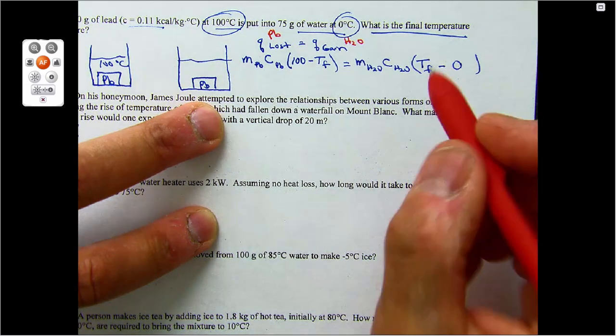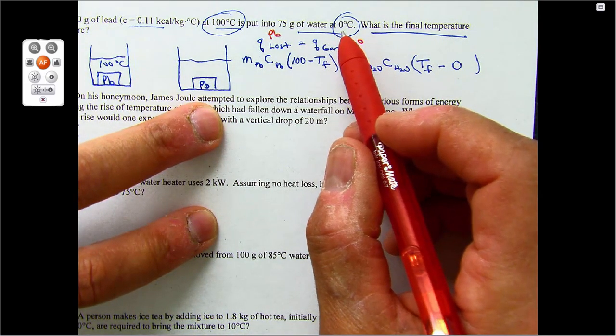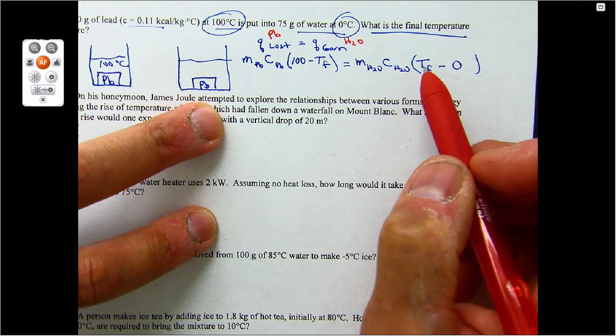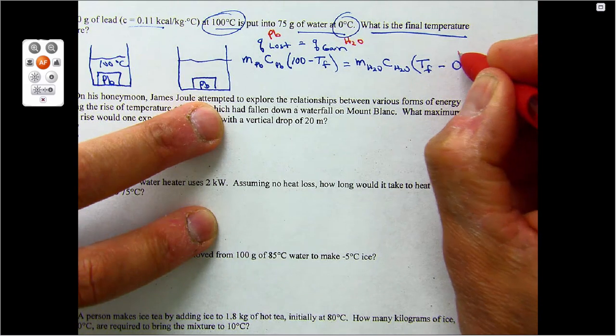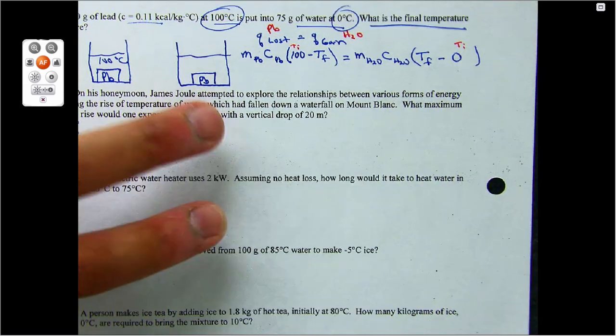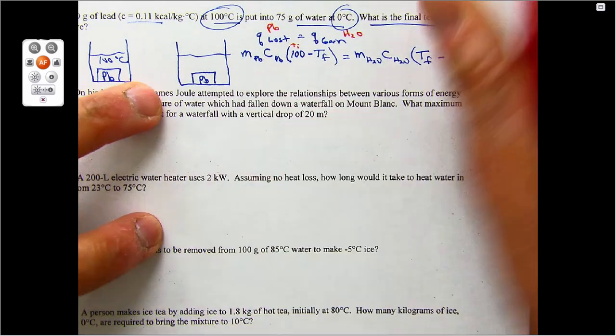Because typically, usually you start this about 20, and maybe it's going to go up to 24. So it's going to be T final minus, this is really T initial. This is really T initial, right? It is a change in temperature, so we just make those change in temperatures positive values, and then everything works out. I don't get how to, I understand all of that. Yep. I don't get how to solve. Okay, let's do it then.